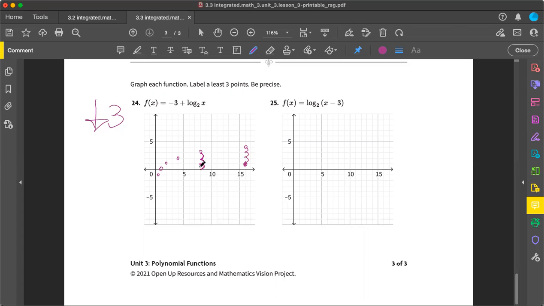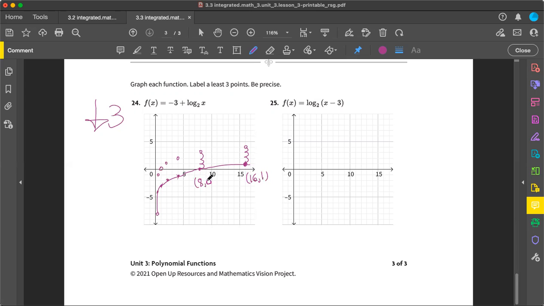Take it down a notch. 1, 2, 3, boom. Down 3 notches. And there's no horizontal shift, so you don't have to worry about anything of that nature. Some points of interest that we had: 16, 1.